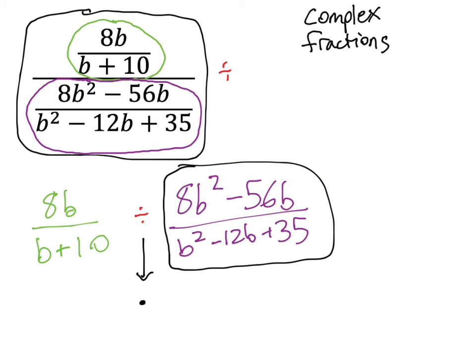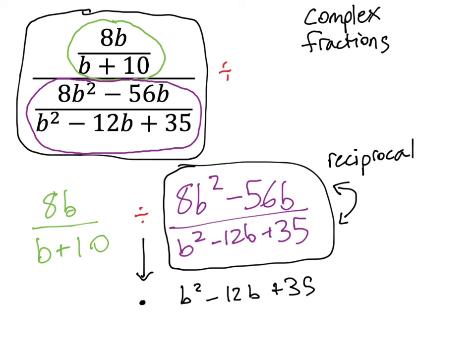And the way to invert a fraction is to take the reciprocal, meaning we're going to swap the numerator and denominator. So this will become b squared minus 12b plus 35 all over 8b squared minus 56b, and now we can multiply these two fractions together.